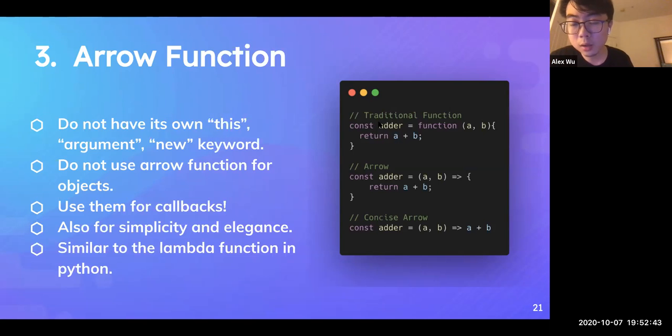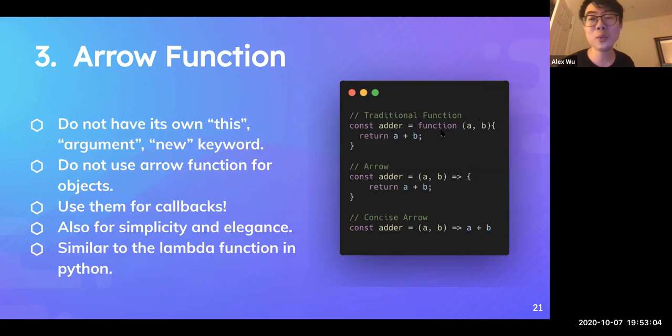And here, let's look at the code snippet. The first 3 lines are the regular traditional function, where you use the function keyword, and it has 3 lines. The next function is the arrow function. It's doing the same thing, and you don't need to write the function keyword.